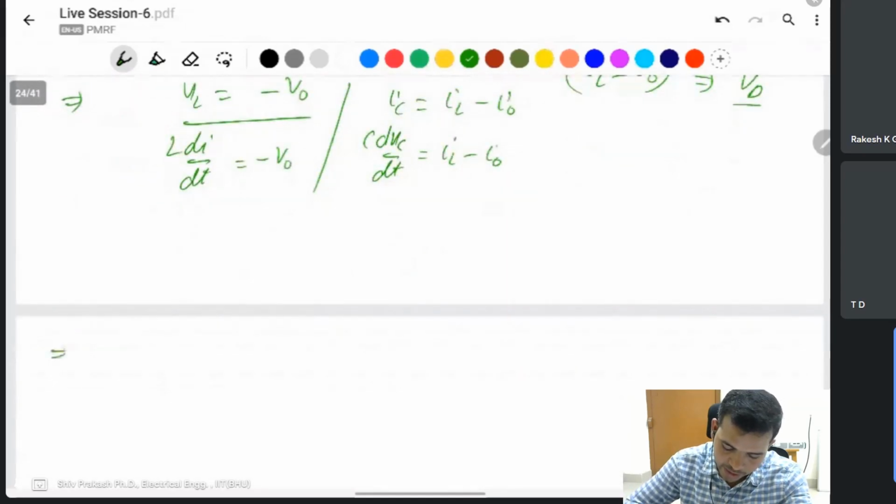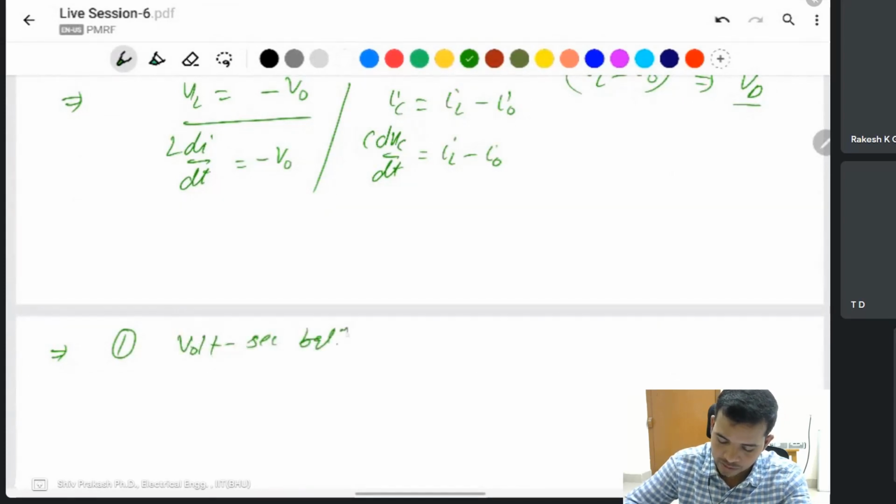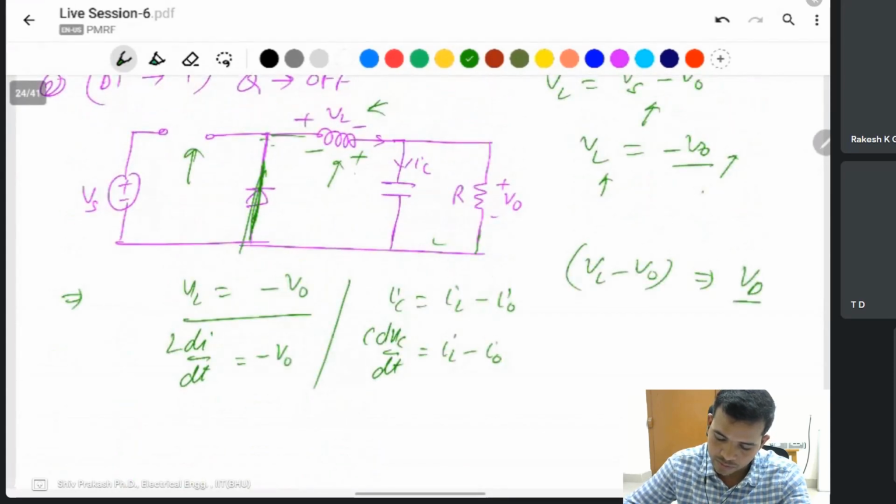Then apply volt-second balance first in the inductor. That means minus 2 V naught will be the voltage applied across the diode, appearing across the diode.